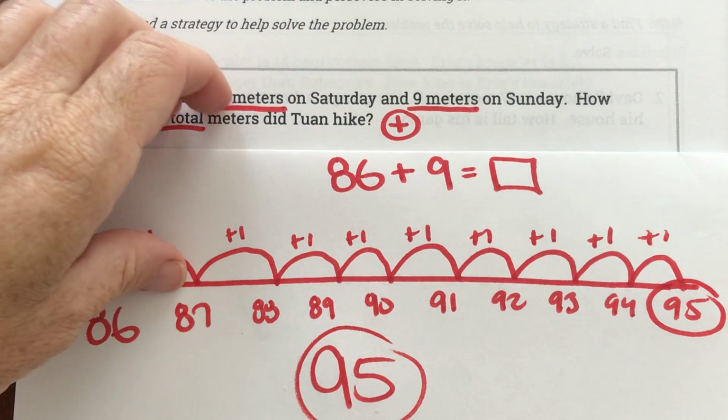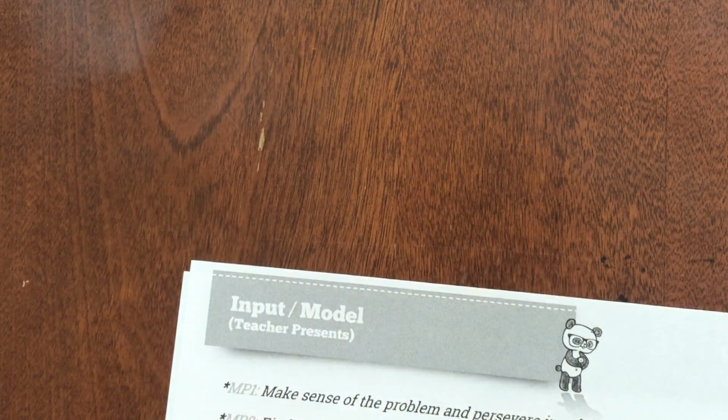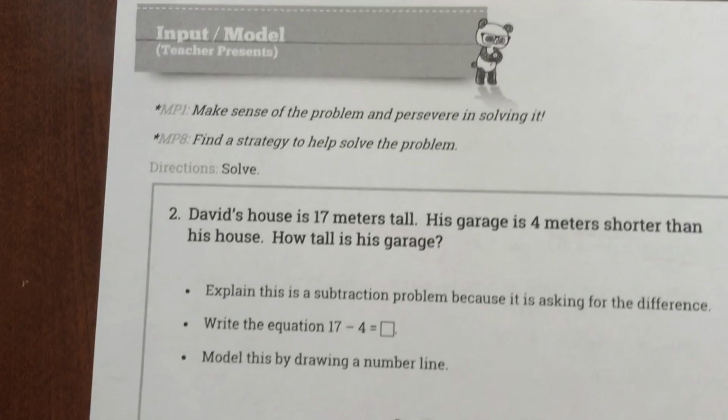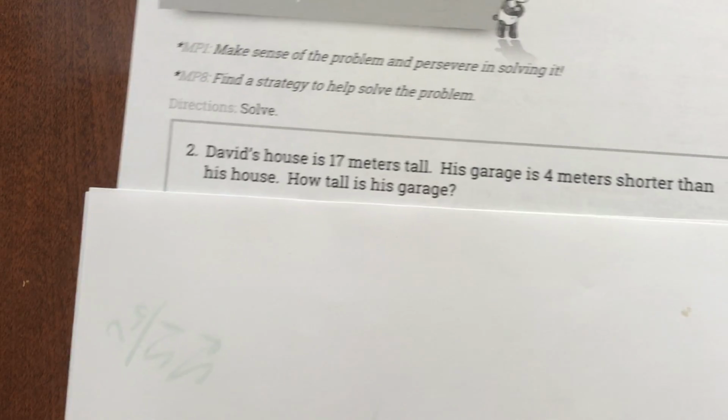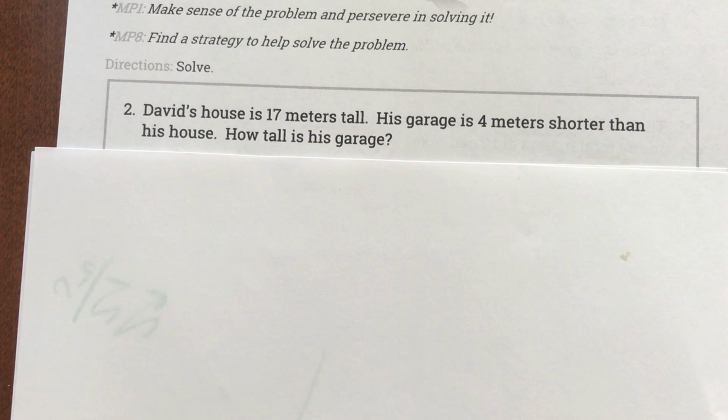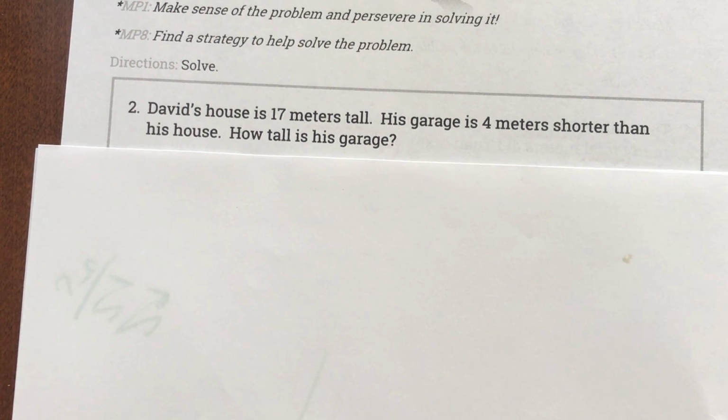Okay, boys and girls, I'm going to do one more with you before we do some together. So here's my next problem, and it says, David's house is 17 meters tall. His garage is 4 meters shorter than his house. How tall is his garage?